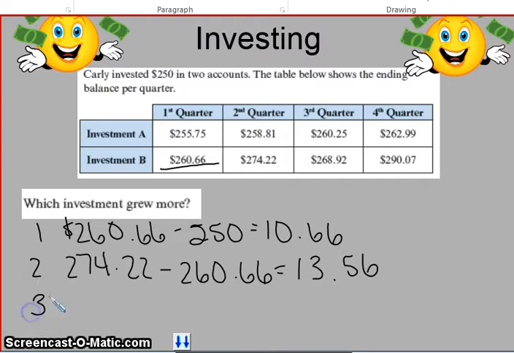Now let's check out third quarter. At the end of third quarter, she had $268.92 in her account, and she started out with $274.22. So we want to take how much she ended up with, $268.92, and subtract how much she started with, which was $274.22.